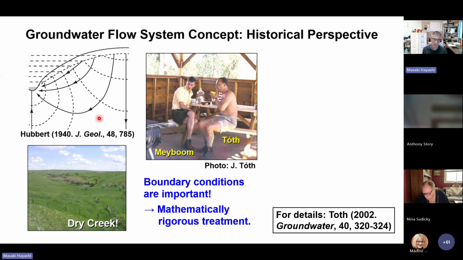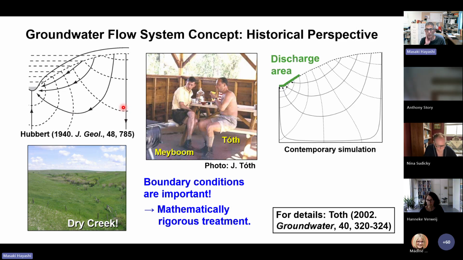The thought was that this model of Hubbert was based on theory and mostly conceptual. He must have borrowed it from potential theory involving a point sink, but indeed, the actual hydrogeology involves boundary conditions. So he thought he would impose more realistic boundary conditions, not just a point sink, and then solve the differential equations in a mathematically rigorous manner.